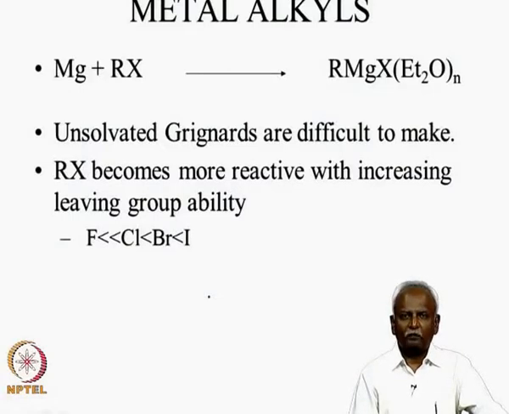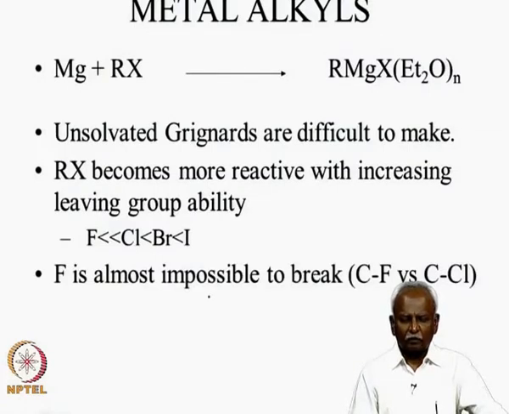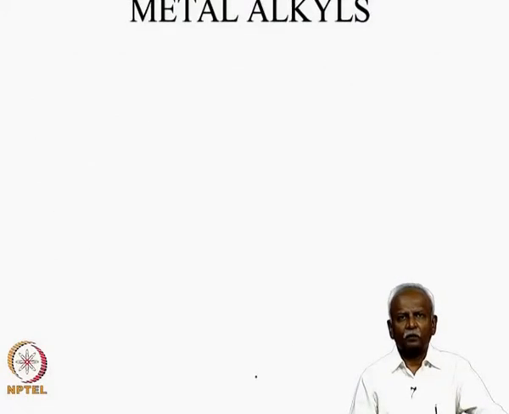For a fluoride, it is very difficult to form a Grignard reagent, whereas with an iodide, it is very easy to form the Grignard reagent. And with fluorine, as I said, it is almost impossible to break the CF bond, and that is the reason why it becomes so difficult to make the fluoro Grignard.